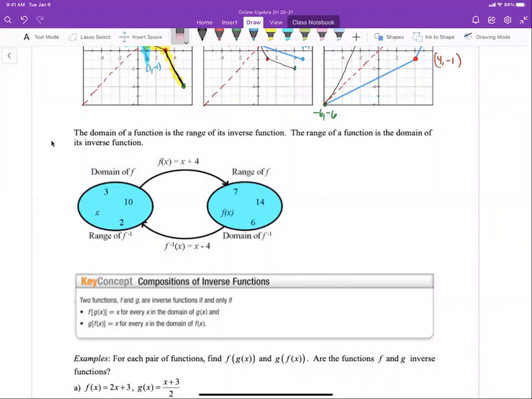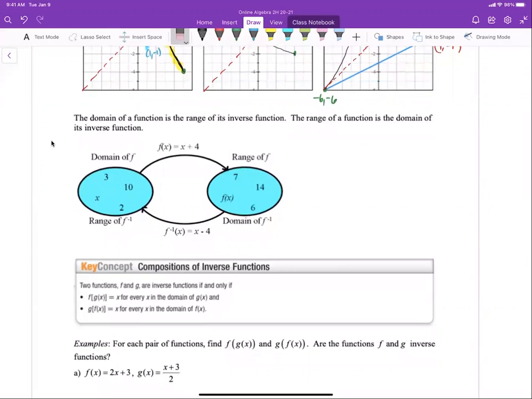All right. So another key feature about inverse functions, the domain of f is this set of x values that are highlighted in blue, becomes the range of the inverse function.